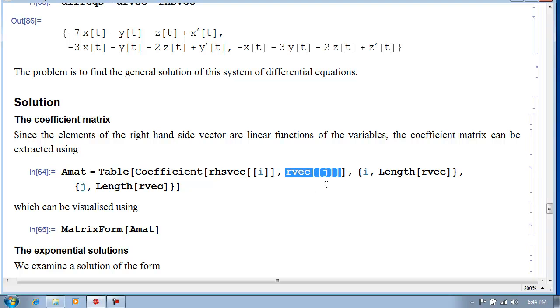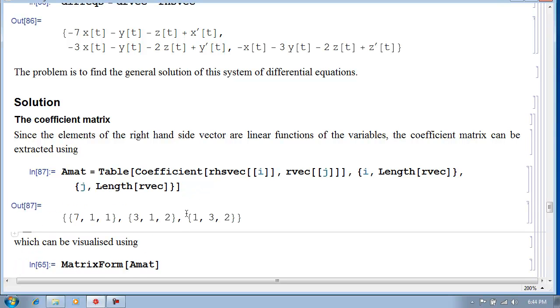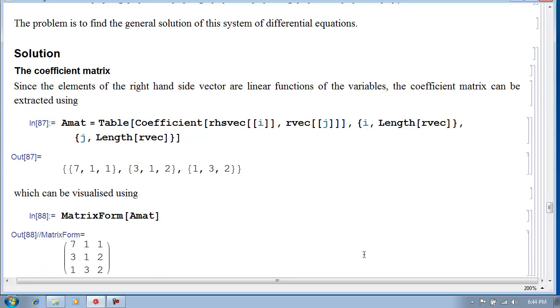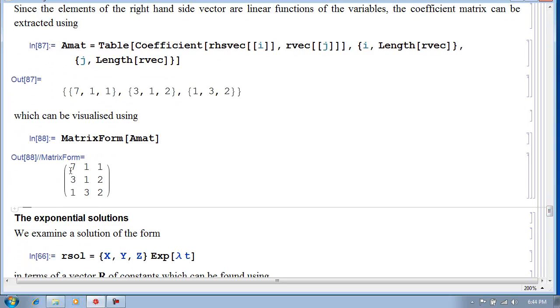And we can extract that using this, and we can look at this matrix using that. So in other words, the right-hand side vector is this matrix times the vector of variables.